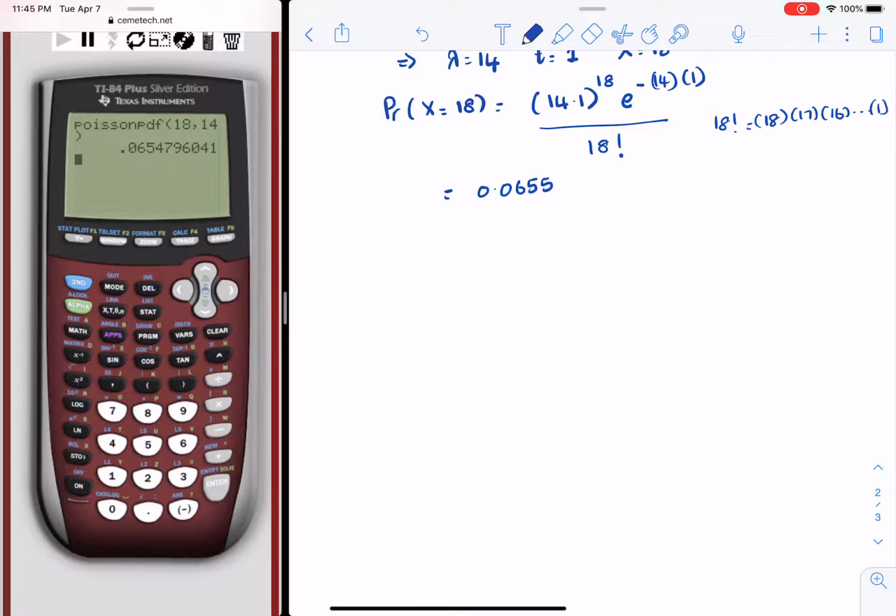Now, if we have to find this manually, it's 14 raised to 18 times e raised to negative 14, divided by 18 factorial.